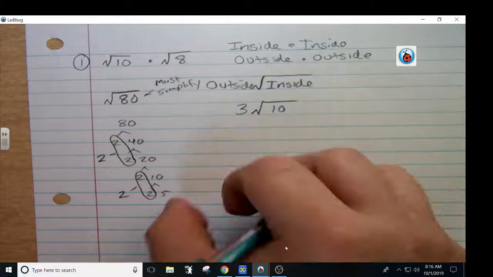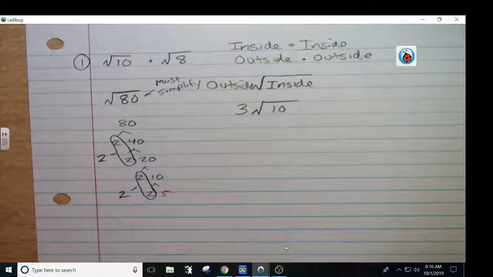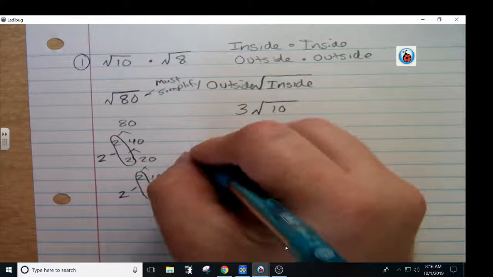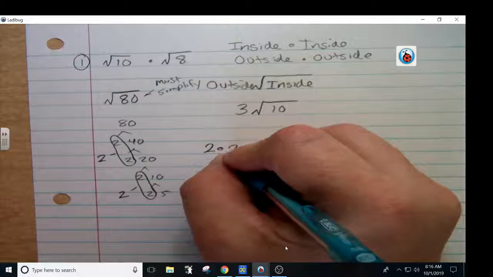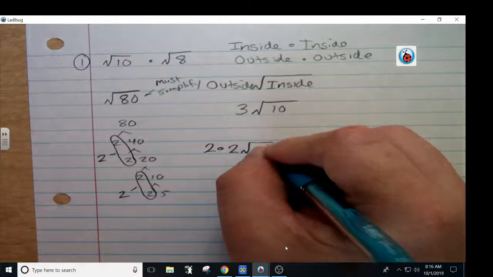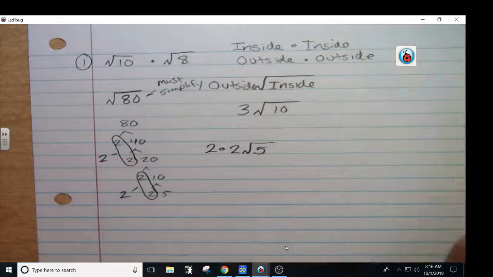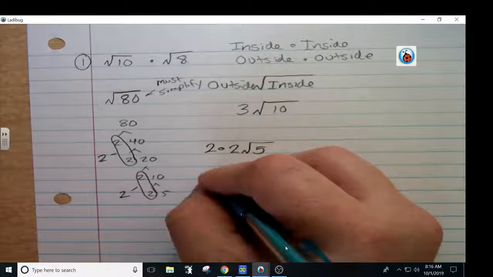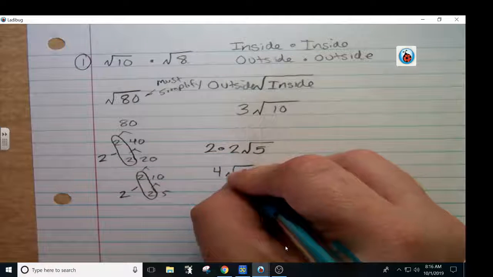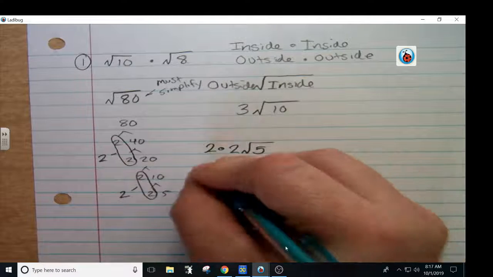Now we've got a 5 left over. Where's that going to go? Inside. Good. So it's going to be 2 times 2, and then the 5 goes inside. 2 times 2 is 4, square root of 5.